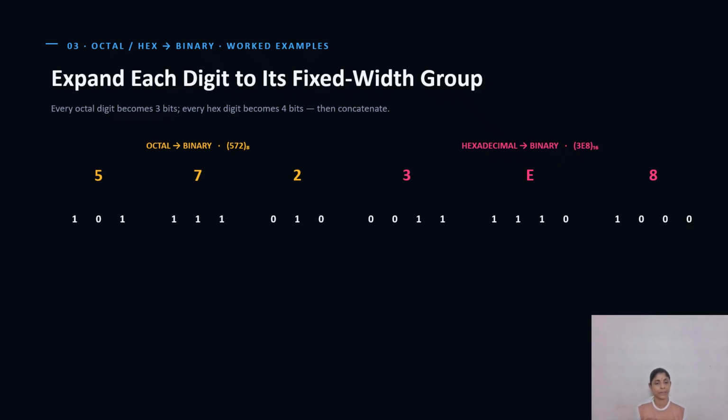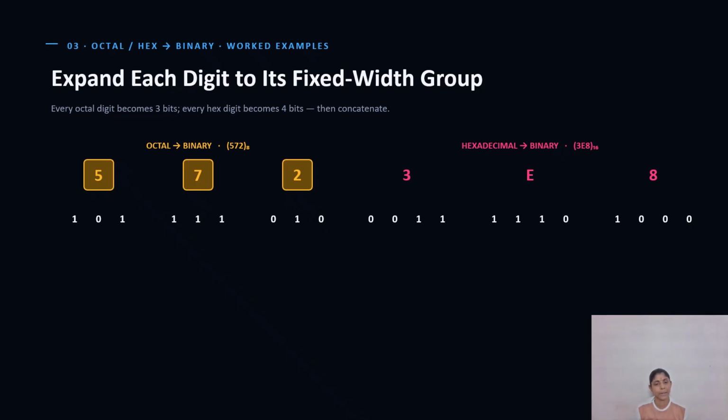So we will do that conversion, octal to binary. Consider the example 572 base 8, which shows that it is an octal number. What is the binary for 5? You have to follow the 4 2 1 code. 4 and 1 should be on, 2 should be off, so the value is 101. What is the second number? 7. So 4, 2, 1 should all be on, so the value is 111.